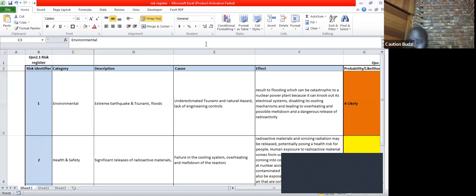So we are going to do a qualitative risk analysis for these 5 identified risks. On qualitative risk analysis, we are going to use the likelihood of the risk occurring, the impact of the risk if it occurs, and the rating.